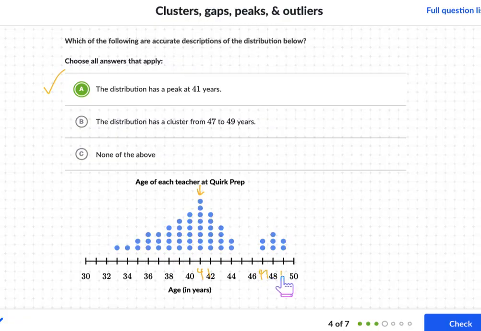47 to 49 years. Yeah, there is a little cluster here. A bunch of them kind of grouped together. These wouldn't be considered an outlier. This would just be a cluster. Yes, they're very different from everyone else, but an outlier is just kind of a loner. This is the age of each teacher at Cork Prep. So these wouldn't be outliers.